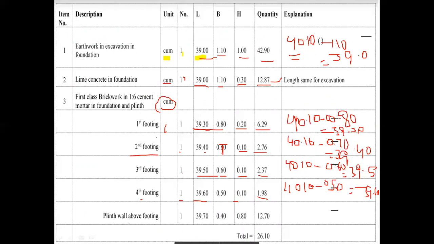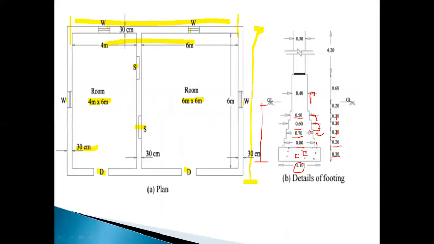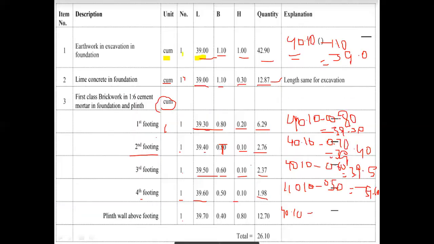Next one, plinth wall above footing. Here, the same 40.10 minus plinth wall 0.40, that equals 39.70.